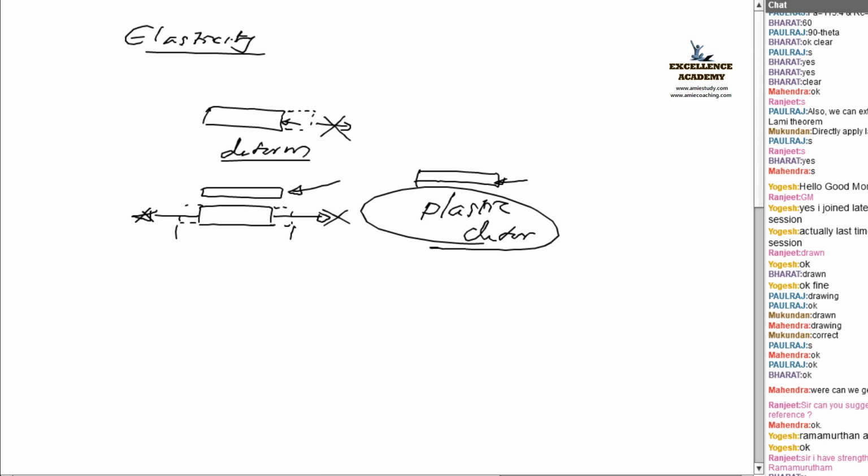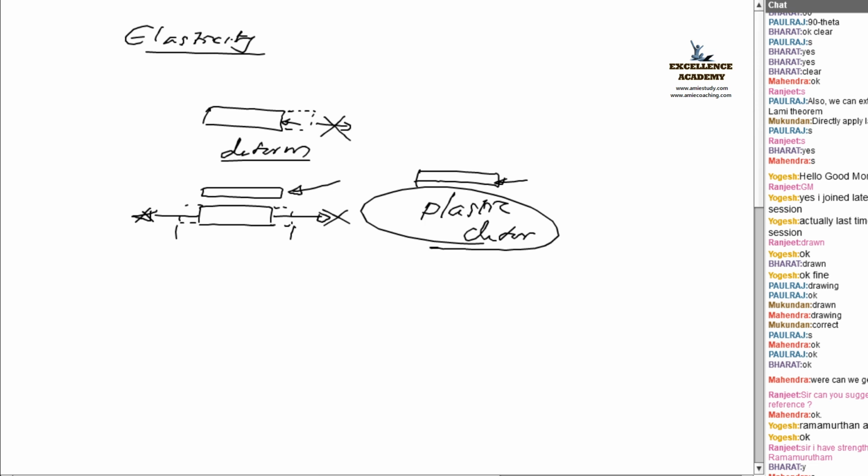If I exceed the elastic limit, it will not regain its original shape, and that deformation is called plastic deformation. Clear? Okay, fine.